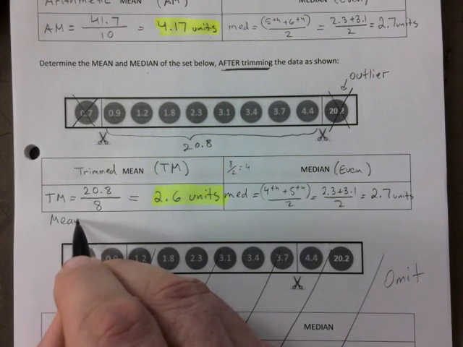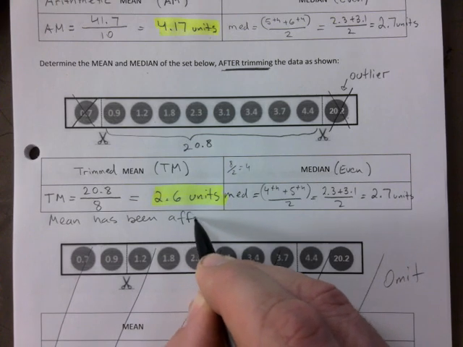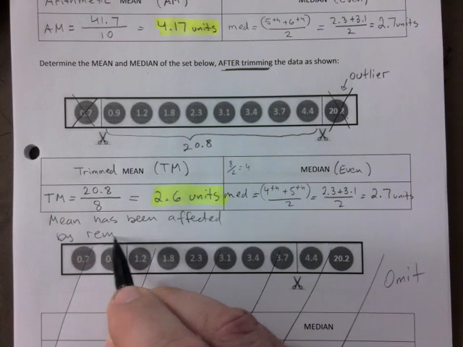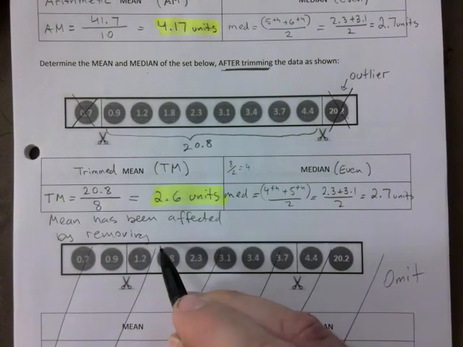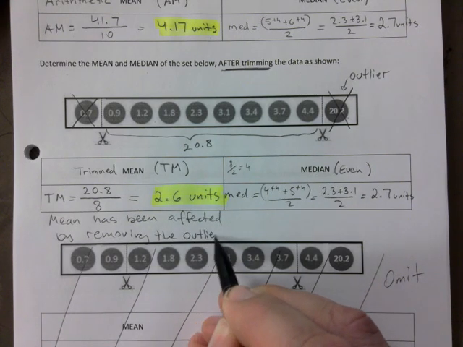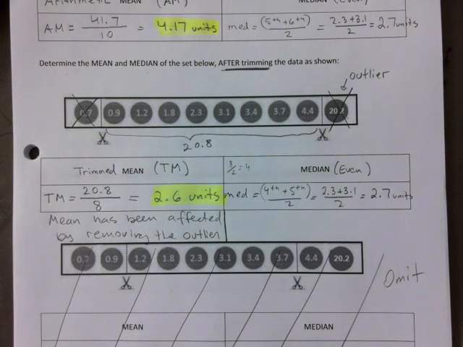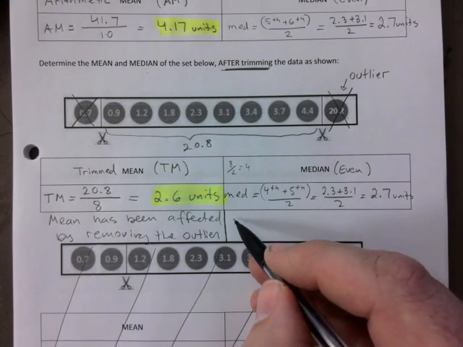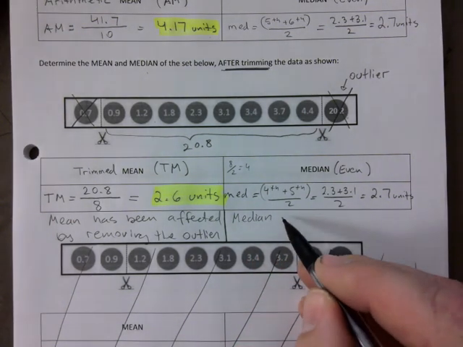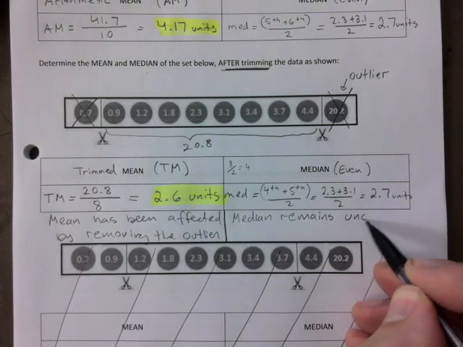Mean has been affected by removing the outlier. The median remains unchanged.